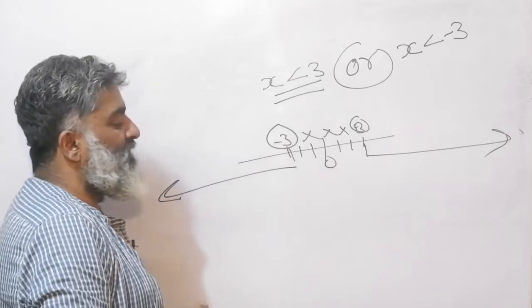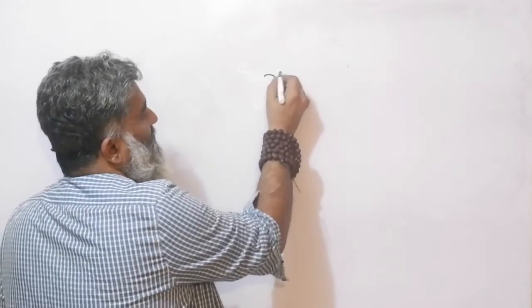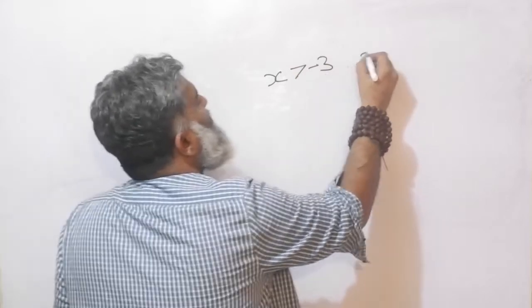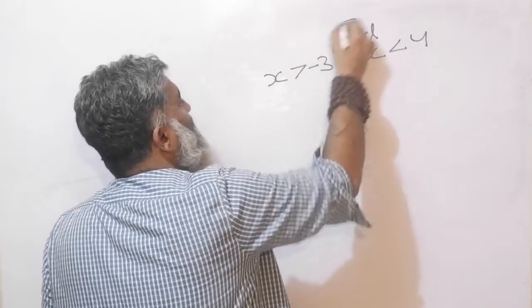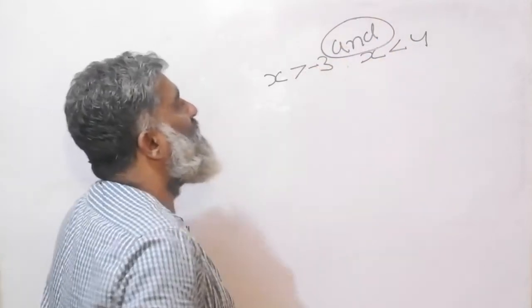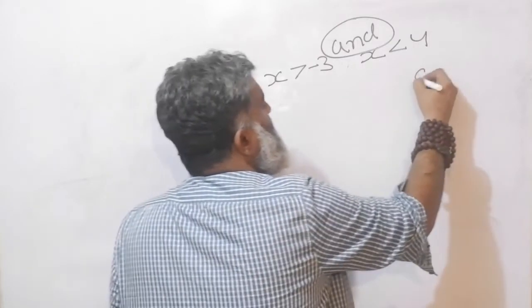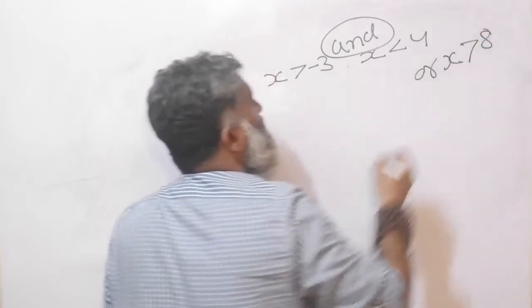Still at basic gameplay. So let's just complicate the story a little further. What if I say a familiar expression: x is greater than -3 and x is less than 4, and I put an "and" in between? Where will this language come from? We'll see in due time. So I give you this condition and I say or x is greater than 8.